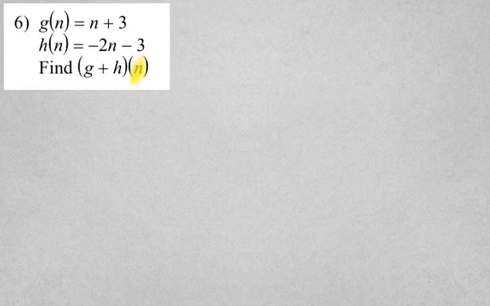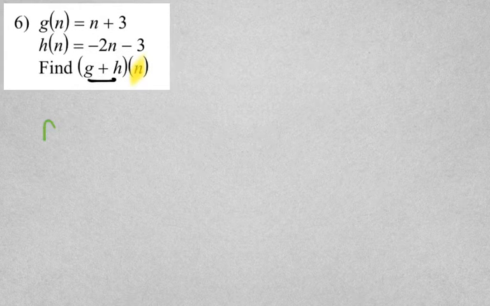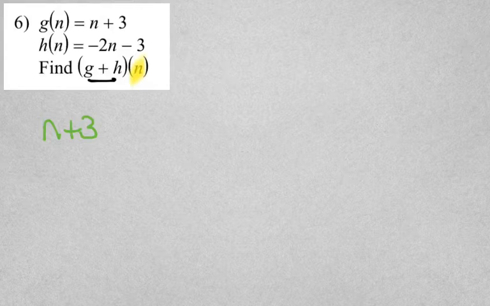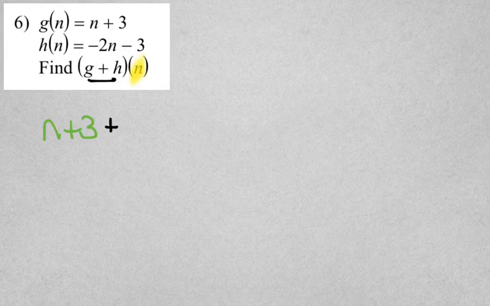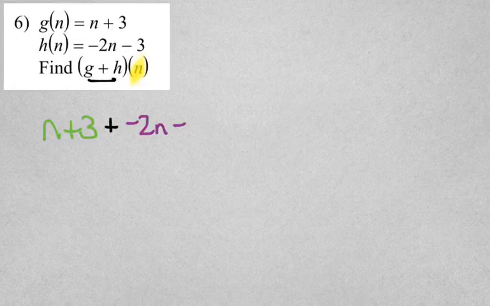So the directions tell me I'm adding the two functions. So I'm going to take my g function, n plus 3, and add to it my h function, which in this case is negative 2n minus 3.